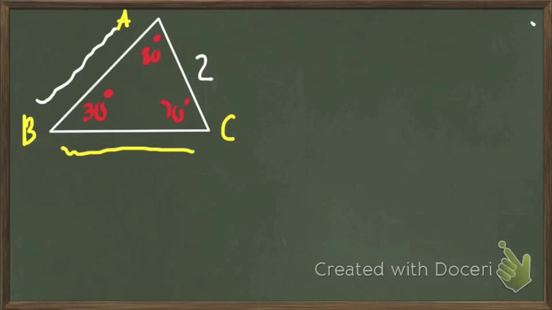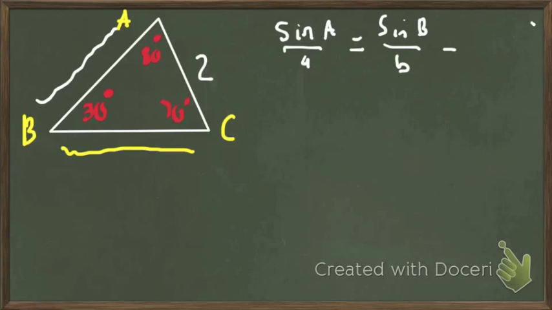Now, it's a good time to mention that the sine rule we've learnt about, which was the sine of A over a equals the sine of B over b equals the sine of C over c, where these are all the angles, can actually be written in two forms.